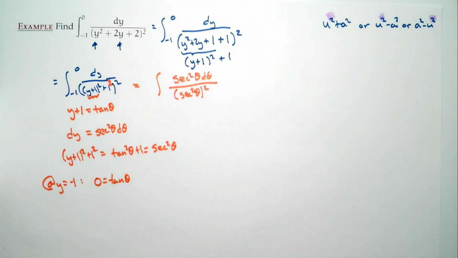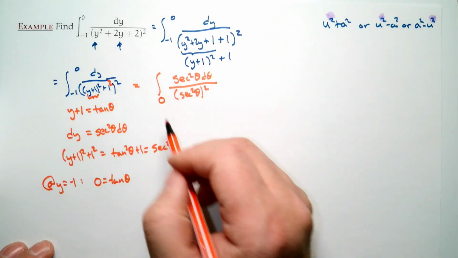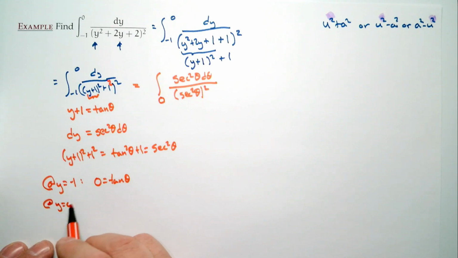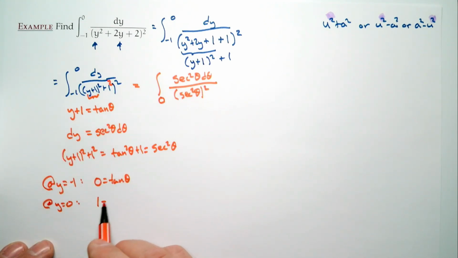What angle, when we take the tangent of it, gives us 0? 0. So that says our lower bound at y equals -1 becomes theta equals 0. At y equals 0, plugging into our relationship, we get that 1 equals tangent theta. What angle, when we take the tangent of it, gives us 1? Pi over 4.